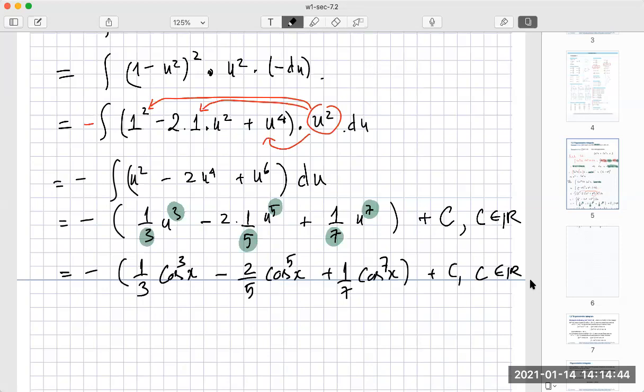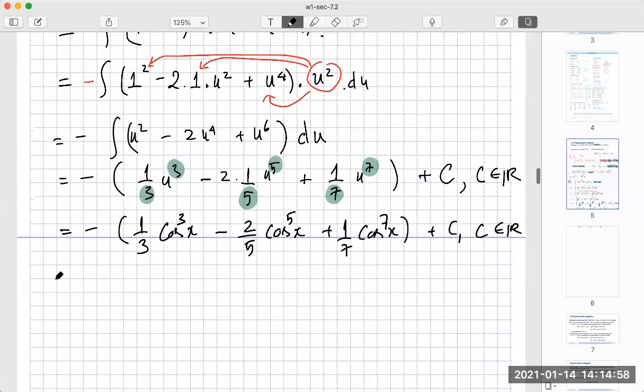So, are we good? Yes, we can stop here, or we can distribute the negative sign. In the test, you can save time by stopping right here. I'm fine with that. But it's more beautiful if we expand it, 1/3 of cosine cube. And remember, in front of that is a negative sign.